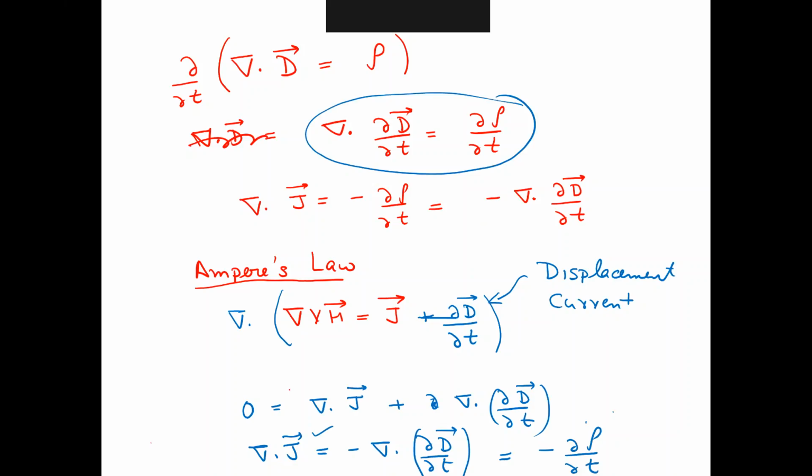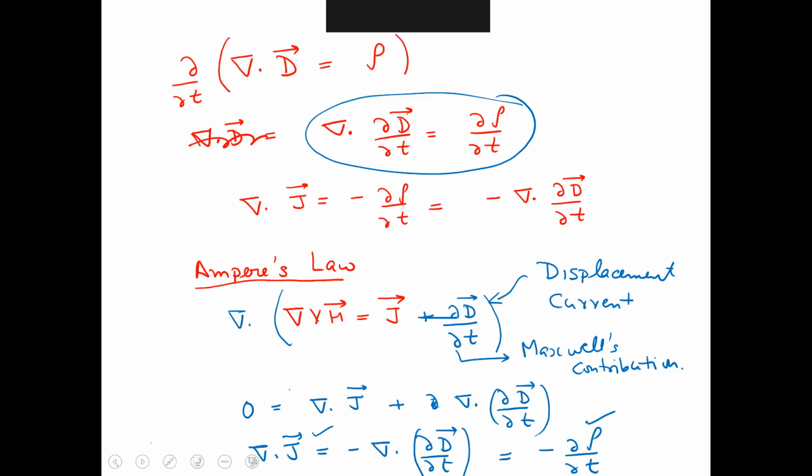And now I get the charge continuity equation back. This is Maxwell's solution. This is his genius. And this is the only reason why Maxwell's equations are called Maxwell's equations.